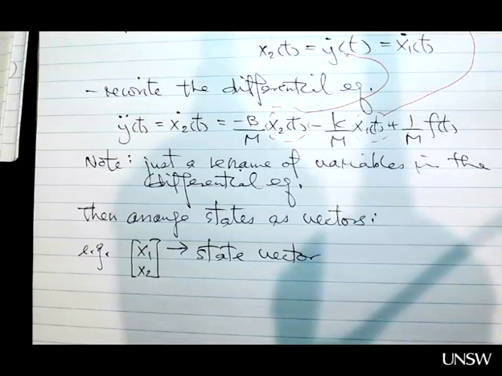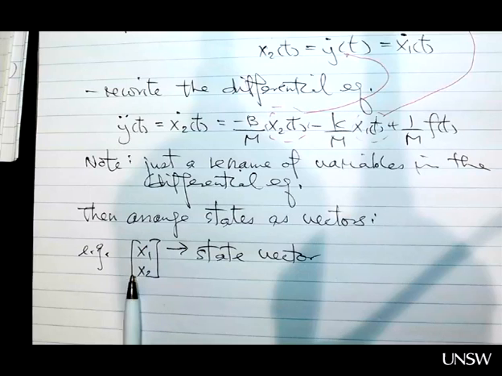Because in matrix algebra, we have scalars, vectors and matrices. So the first step is to put the states into vectors.